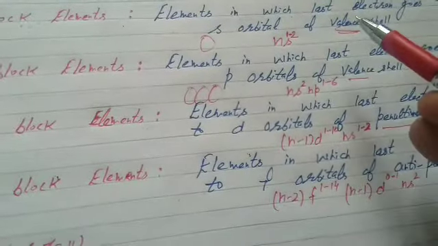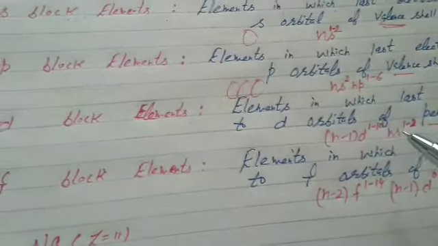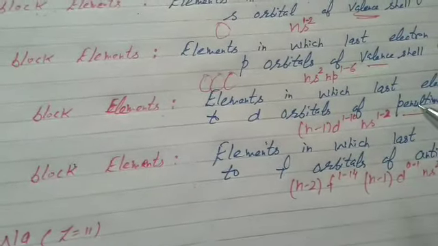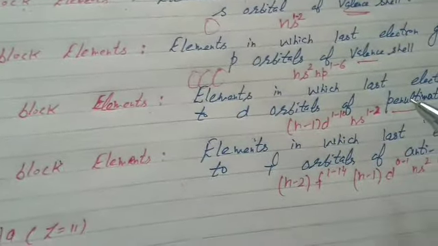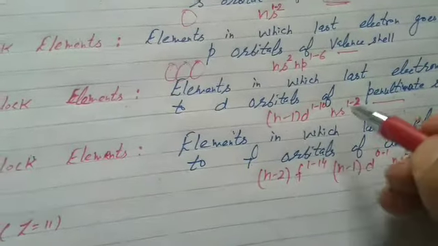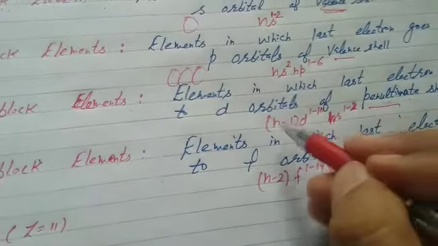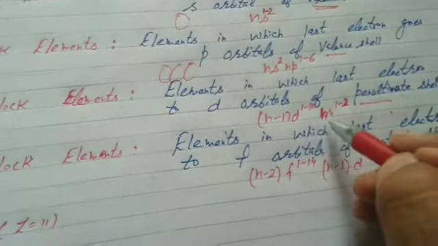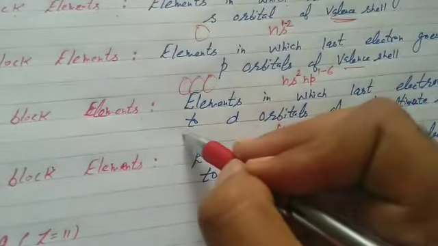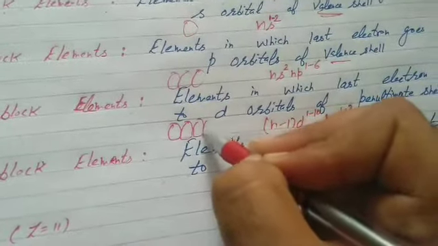The last electron goes to valence shell. D block, transition metals. In D block, the last electron goes to penultimate shell. Please know, penultimate means second last. That's their general configuration. Valence shell is n, so second last is n minus 1: (n-1)d 1 to 10, ns 1 to 2. D is the set of 5 orbitals. Minimum 1 and maximum 5 to the 10.